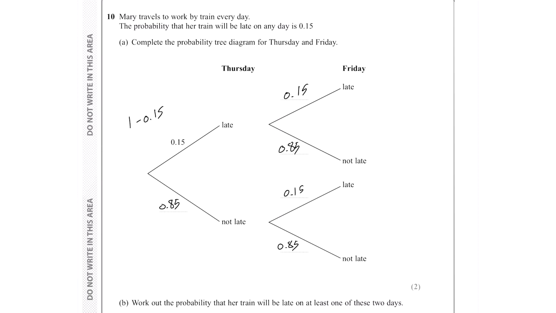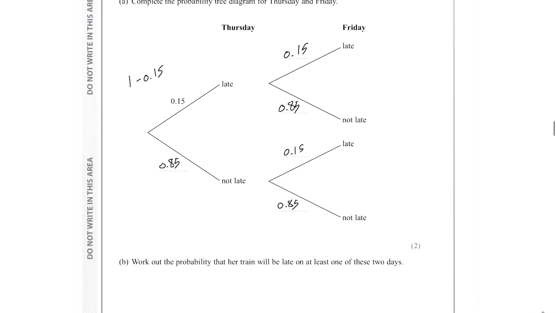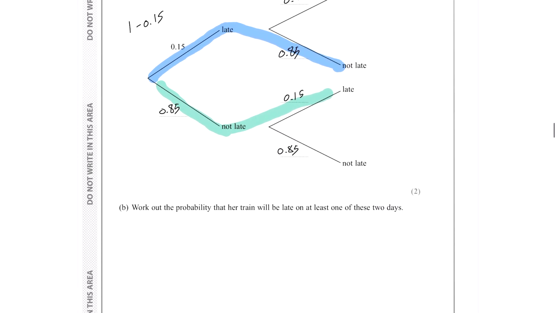So that's that done. And then it says work out the probability that the train will be late on at least one of those 2 days. So what it's basically saying is it's either late and then not late, or it's not late and then late. If you look at, for example, the blue line, I'll just use a blue pen for this so it makes it a bit more clear. If I look at the blue line, we are doing 0.15 times 0.85.